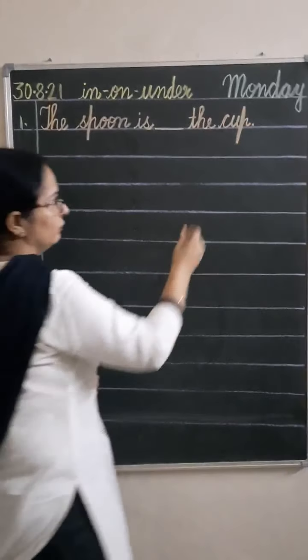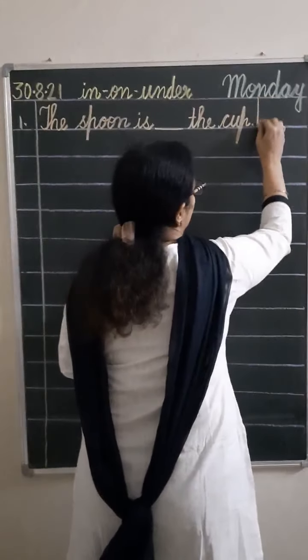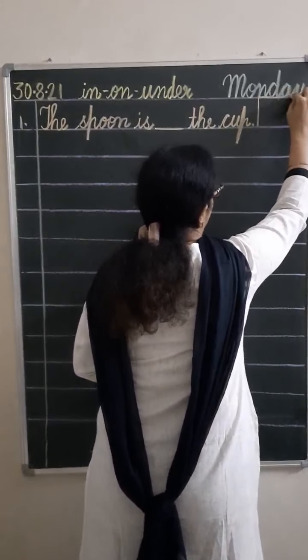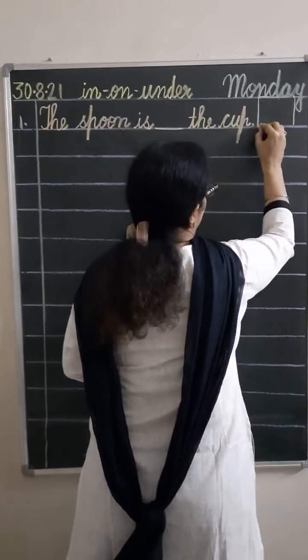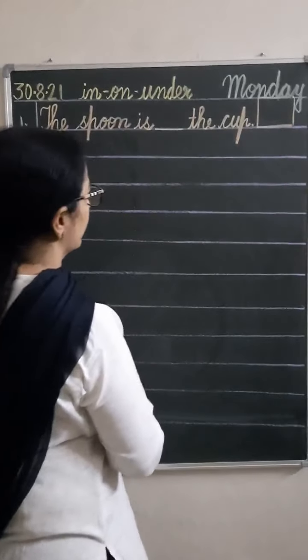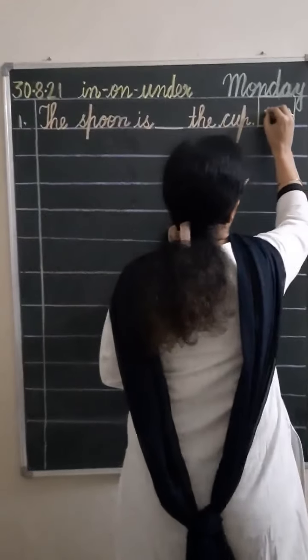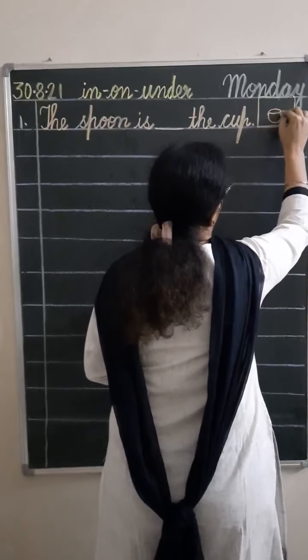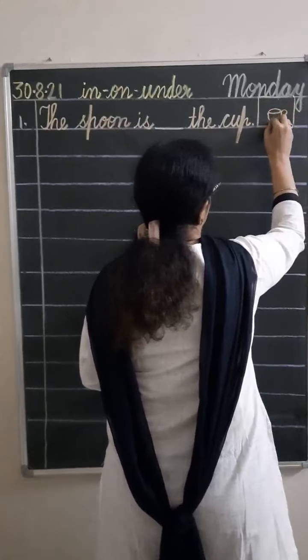Okay, now we will make a box. You have to make a box. Okay, and इस box में we will draw the picture. Picture draw करेंगे. The spoon is dash the cup. Here draw a cup like this. इसका handle.